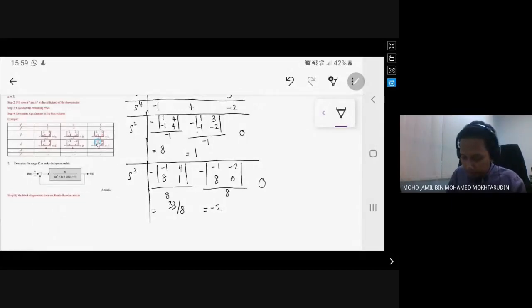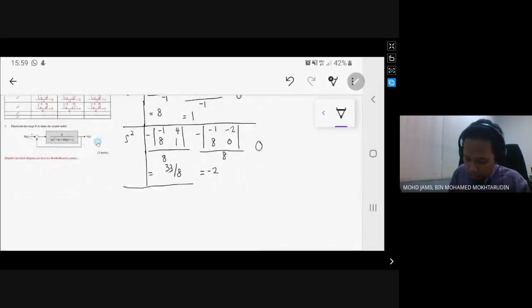And this is 0. And then for the row S1, okay, some values, okay.